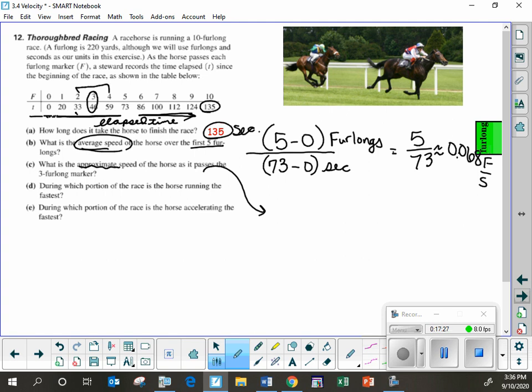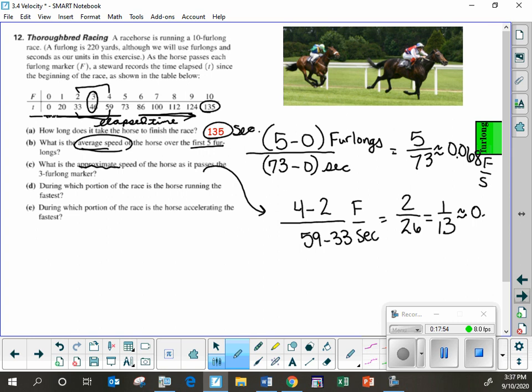I'm going to look at the 2 closest numbers I can gather, and I'm going to have change of position, 4 minus 2, over change of time, 59 minus 33 furlongs per second. Looks like we're getting 2 over 26, or 1/13, which is about 0.077 furlongs per second. So it's going faster at 3 furlongs than what it did. But that was an average from 0 to 5, so that's kind of hard to compare.